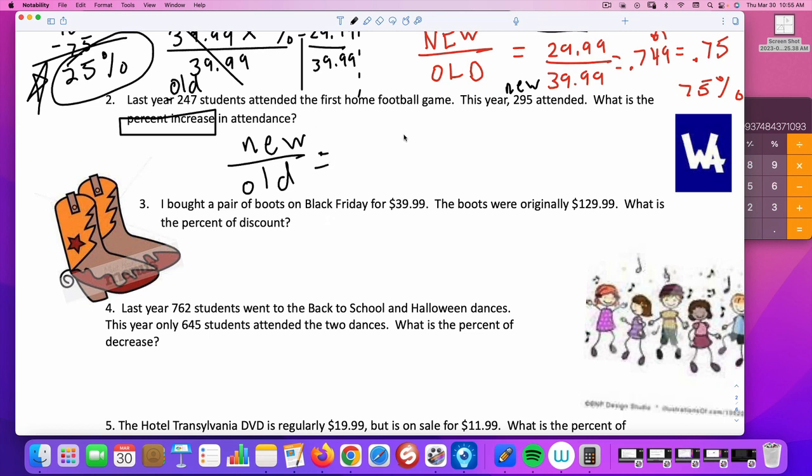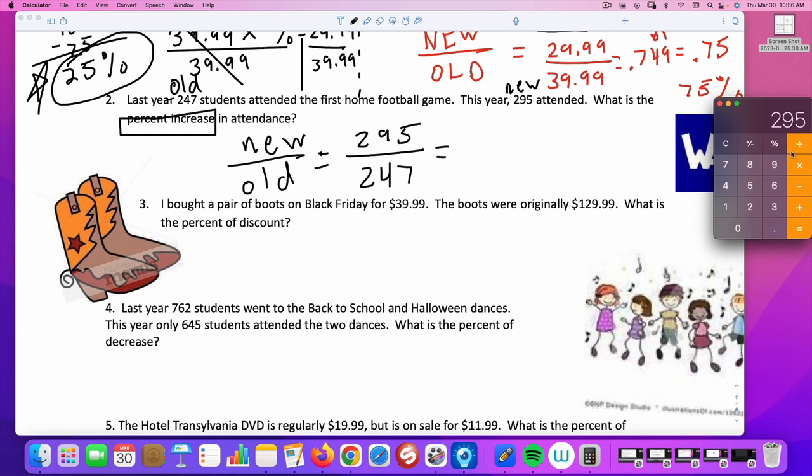Take the new amount, which is 295. We're not talking about money, these are people. Then you divide it by 247. Plug it into your calculator. Make sure 295 is first, 247 is second. Jameson, what's your answer?